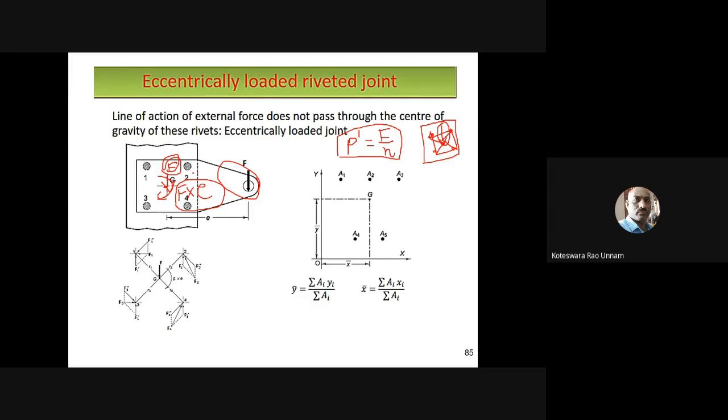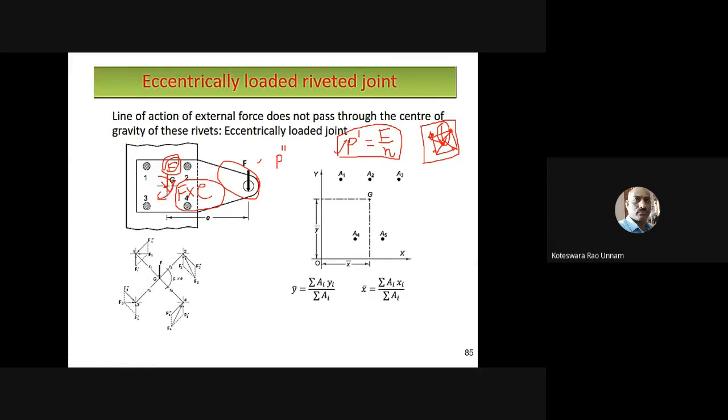So again, I'll find the magnitude of the force on the rivet because of the twisting moment, and I'll denote that as the secondary force. Since I have 2 forces, the primary force is due to the direct force, and its magnitude is F by N, where N is the number of rivets.